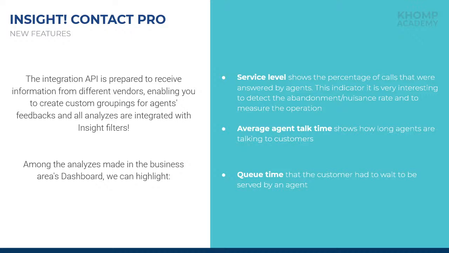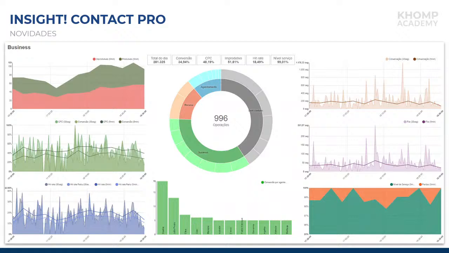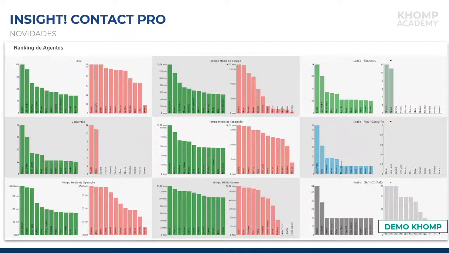So if you want a deeper integration with your contact center platform, I think it's a really good option to contract the Insight Contact Pro. You have a deeper, more detailed dashboard, so you can see more information about what's going on with your agents.